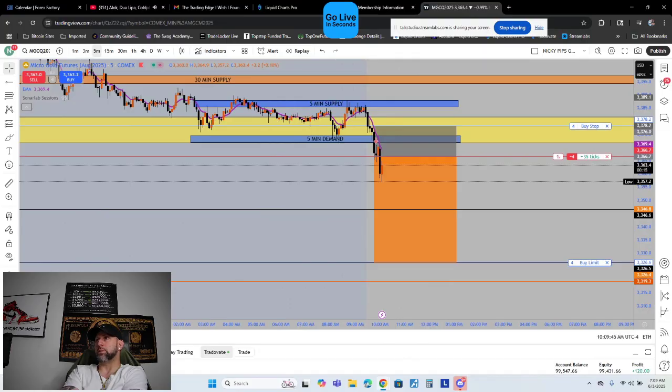So we'll see how this 5 minute candle closes here. Hopefully there's just a little pullback.